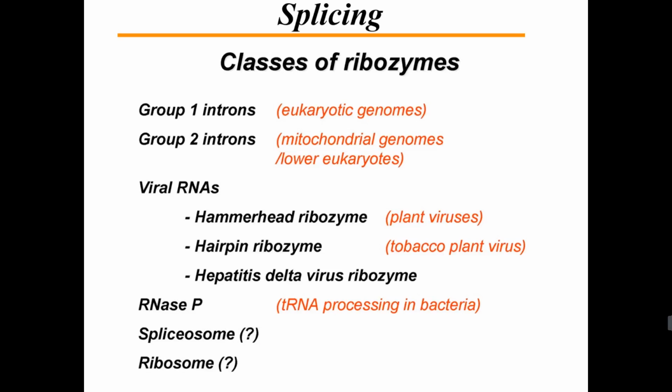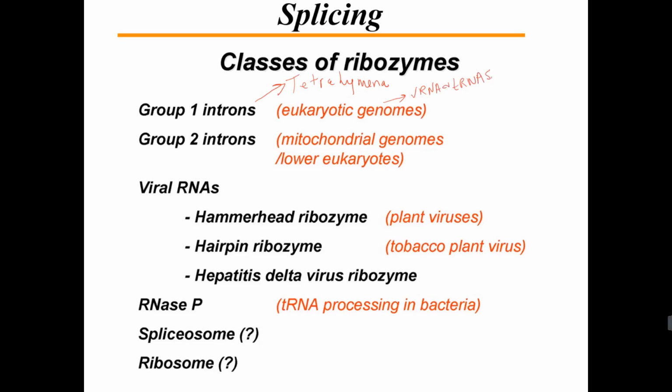Again, for the group 1, we're going to focus on a specific eukaryotic species called Tetrahymena, which a lot of this experimental data revolves around. The group 1 introns are found in eukaryotic genomes, in the rRNAs and the tRNA transcripts.